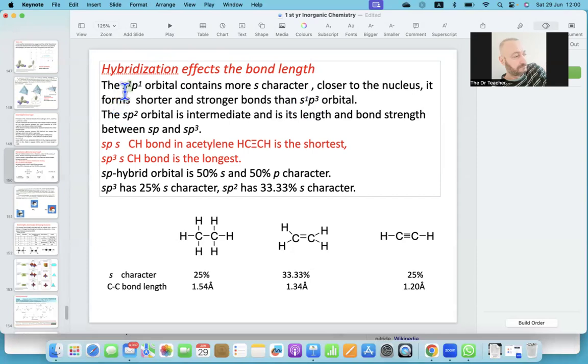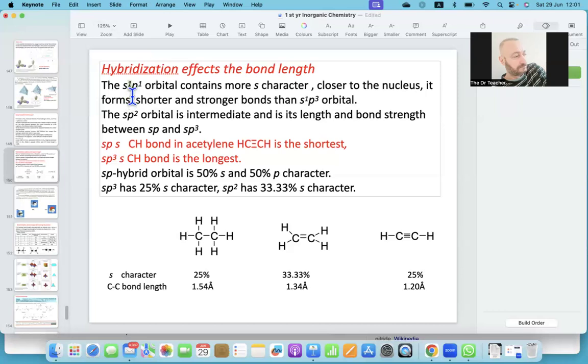Whereas in sp, one electron in s and one electron in p can form 2 bonds with other atoms.